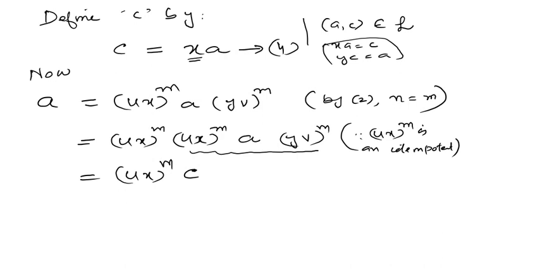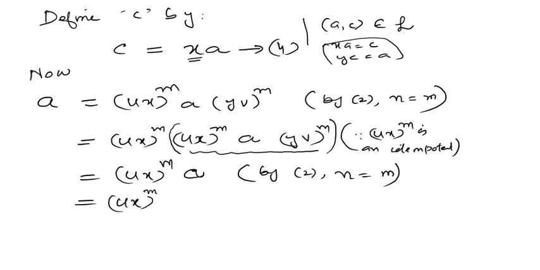It's not C, it's actually A here. Sorry, this is A. Again by second, where n is equal to m. I want XA here, so that I will write it in the form of YC. So I will expand this: ux power m minus 1, then ux, then e. This I can do because m is a positive integer.